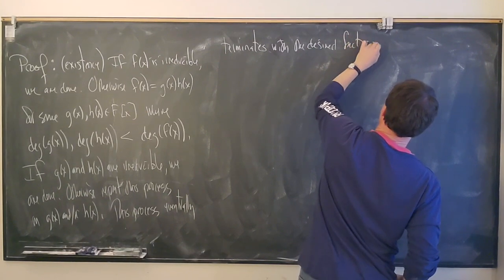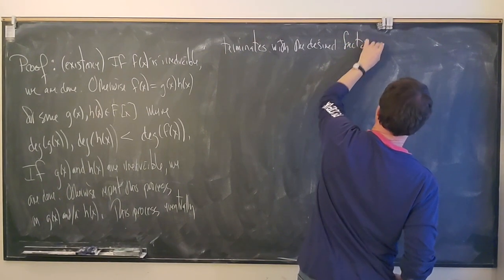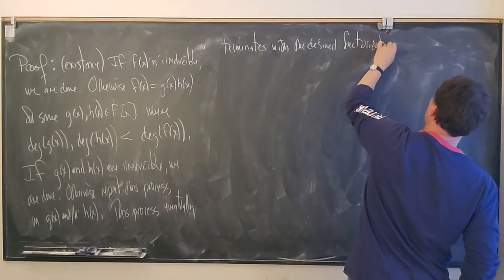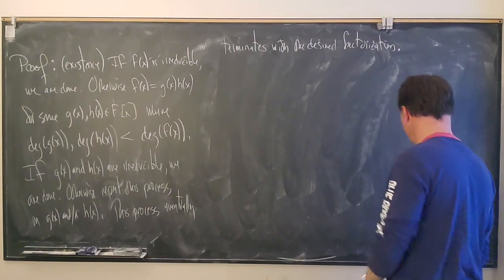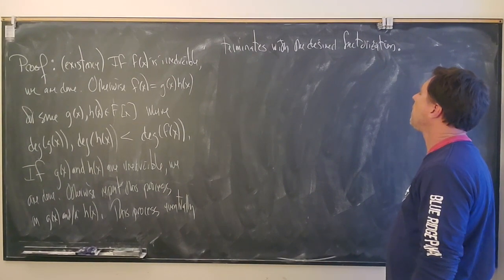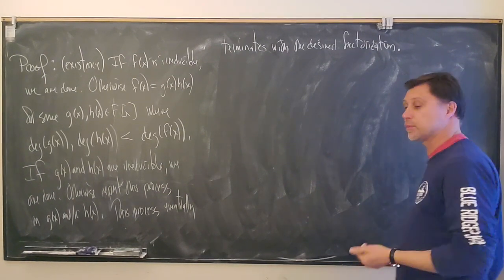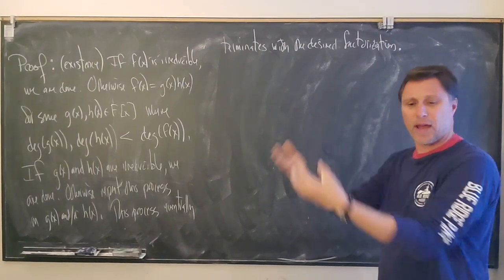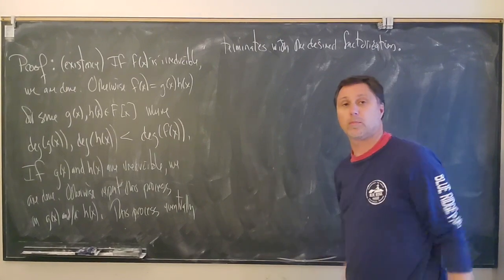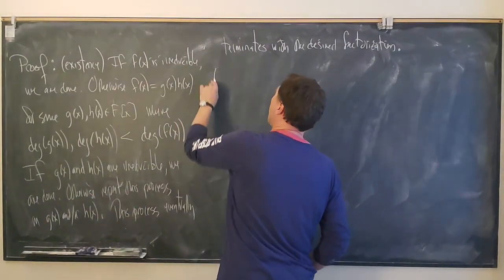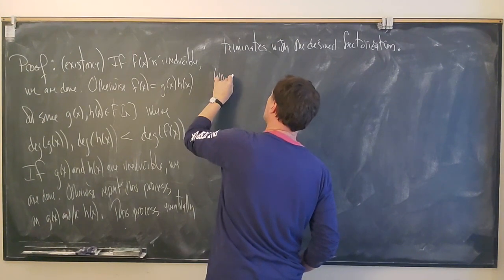Eventually they all have to be irreducible, because otherwise you would continuously split, and the degree would have to go below 1, which we're not allowing. Okay, so there's the existence portion, and now for the uniqueness.